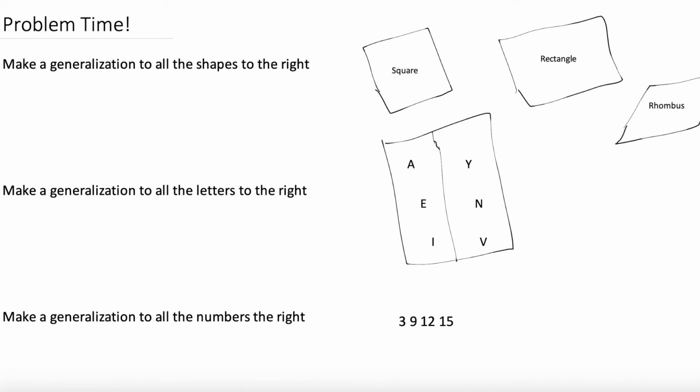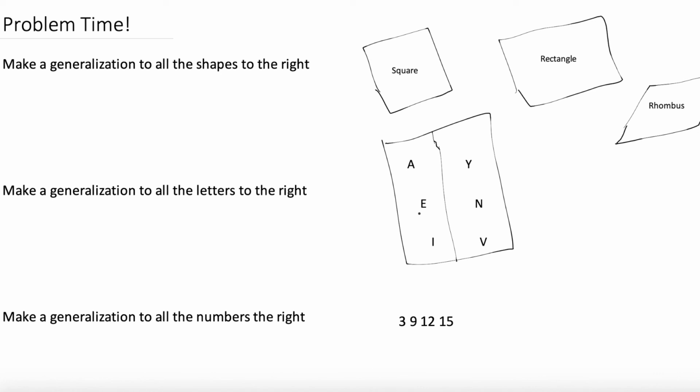Test it by yourself to see if you're right or wrong. And if it's mine, then it's lucky. We have a square, rectangle, and rhombus. A good one for this is that they're all quadrilaterals, because they are, and that's a really good one, because that's kind of rare. Then number 2, make a generalization to all the letters to the right.